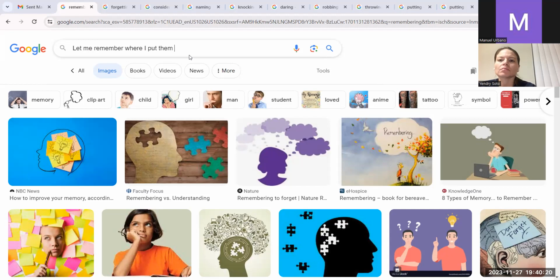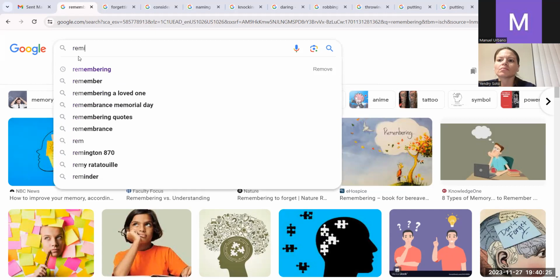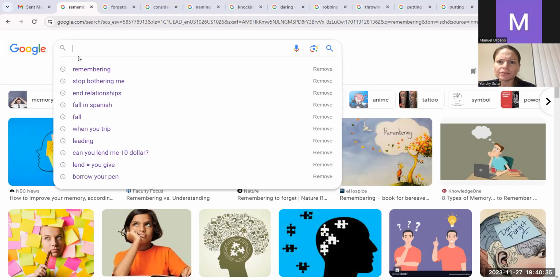Another way that we need to remember this verb is remind. You understand the meaning of remind? It's the same as remember, but it's different. They are attached, van juntos.